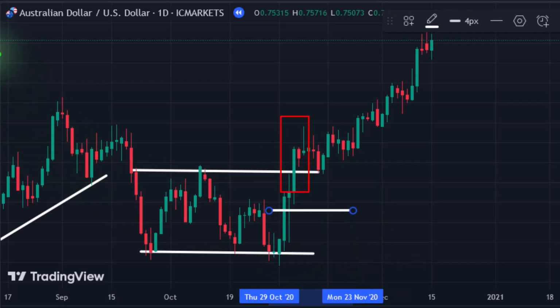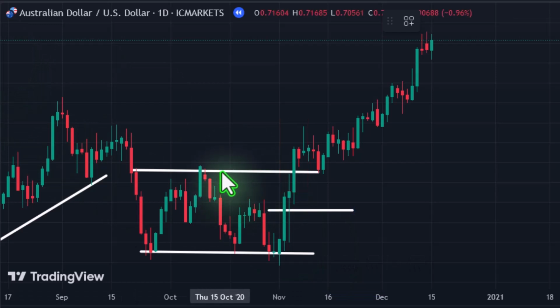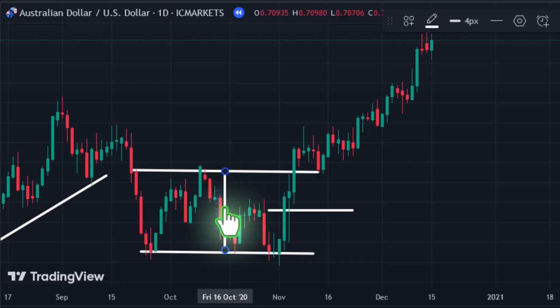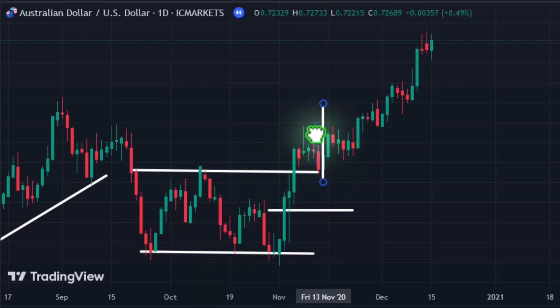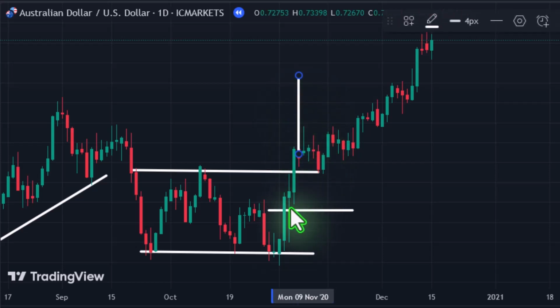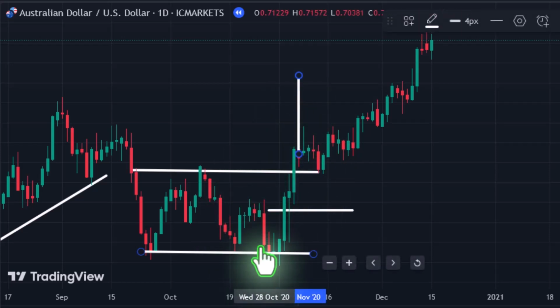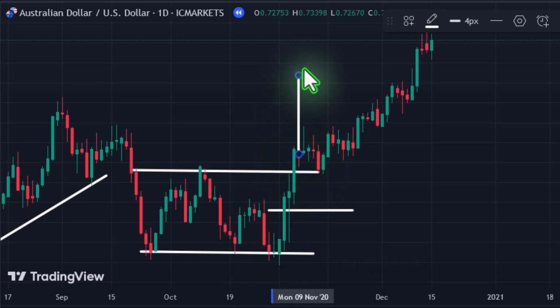And how do you determine your target level? Your target level should be from the resistance line to the support line. You take that and you measure it. So you measure from here to here and you extend it from the breakout to this point.